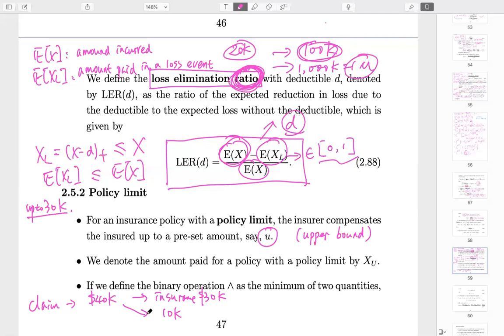It's also fairly common for auto insurance. If you get a used car, it's very likely that you will not have very high coverage. Maybe 100K is your policy limit. Sometimes, if you have a fancy car, let's say a Porsche, you want to go higher, let's say 300K for both you and the other party.